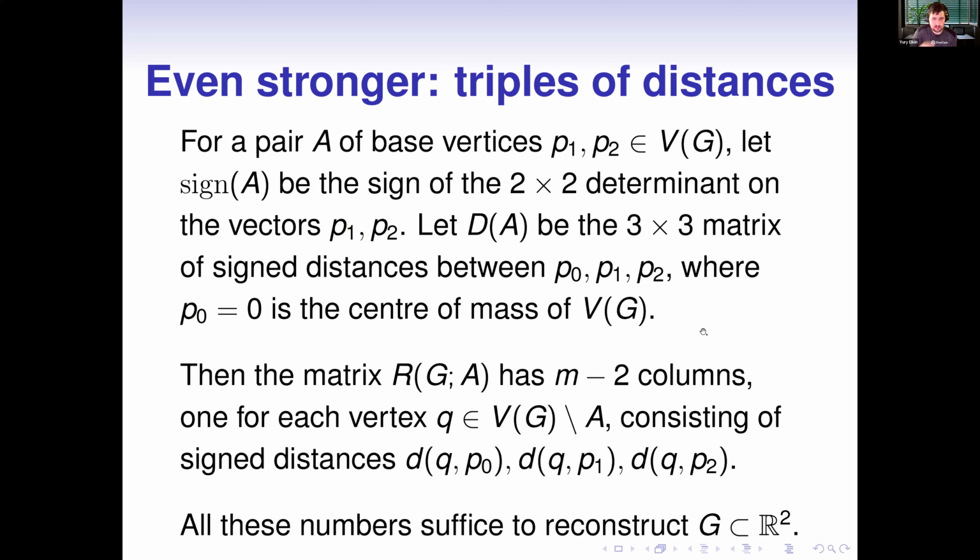Then we have a distance matrix for the center of mass and the 2 points, then the sign, and then an additional matrix that consists of all the other points that were not fixed: the distances from all those points to the 2 fixed points and to the center of mass.